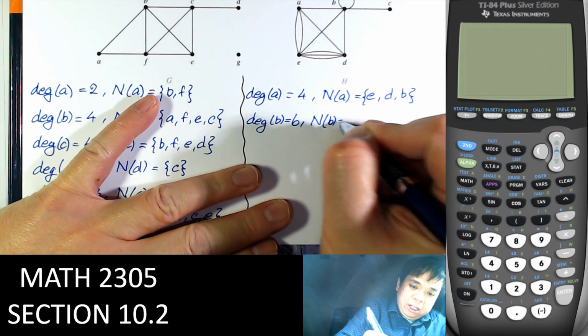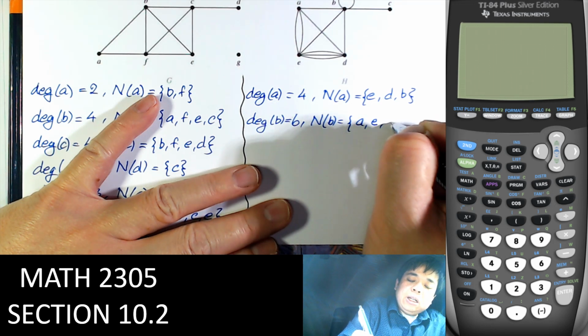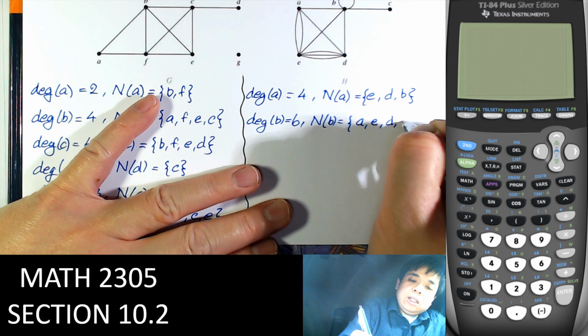And neighborhood of B will be A, E, D, C, and B.